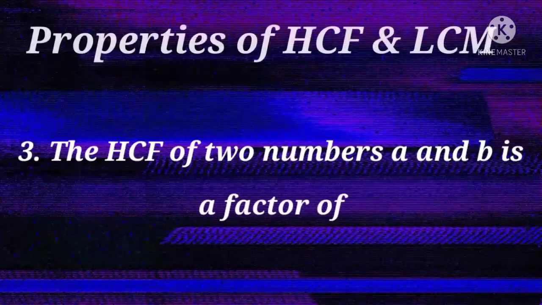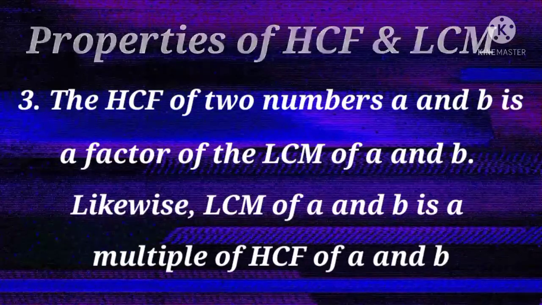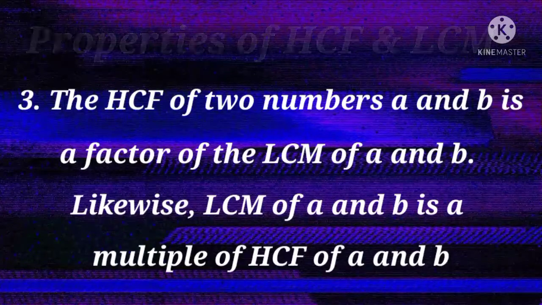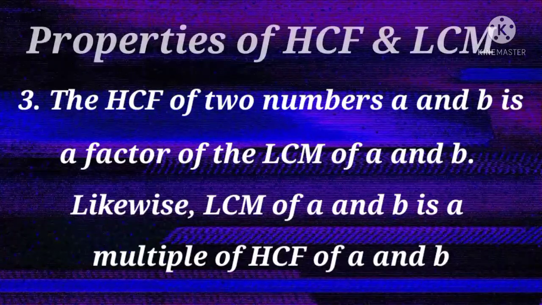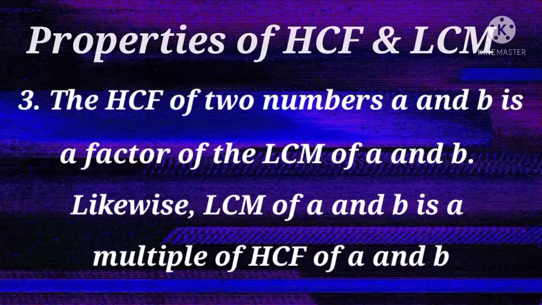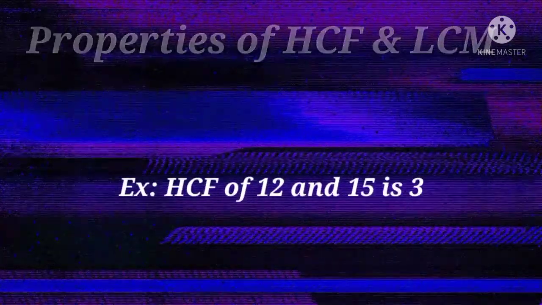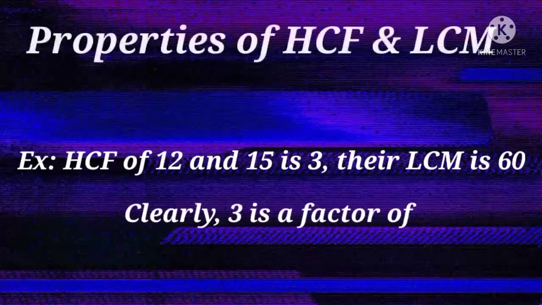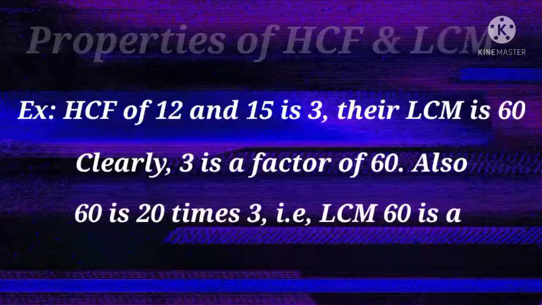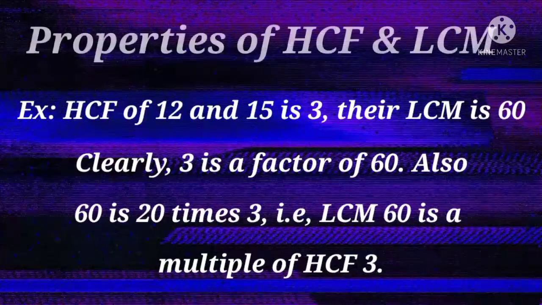The HCF of two numbers A and B is a factor of the LCM of A and B. Likewise, the LCM of A and B is a multiple of the HCF of A and B. Example, HCF of 12 and 15 is 3 and their LCM is 60.